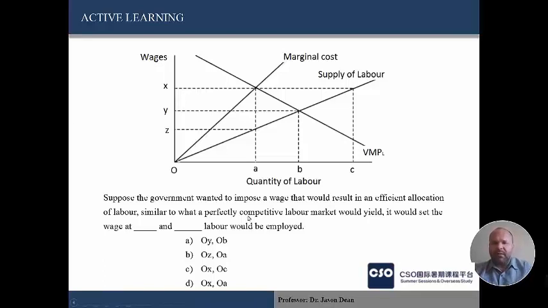Well, the government would want to set the wage at Y so that B number of labor units would be employed, because that would be the competitive equilibrium. Okay, this would be an efficient allocation. You would have the maximum surplus. Okay, so the answer would be OY, OB.